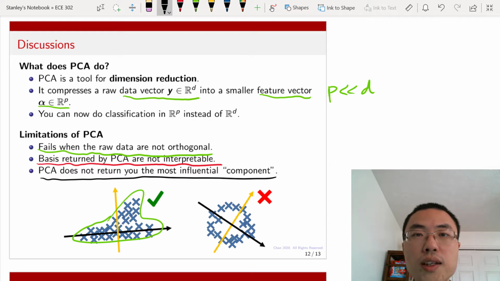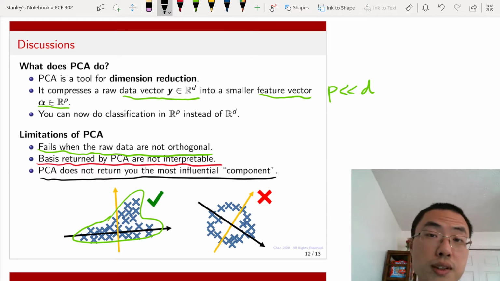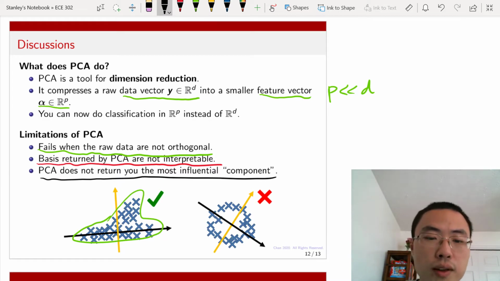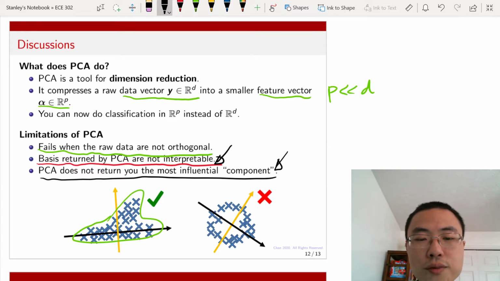I only want to keep the leading 5 features, and I run the PCA. You do that, and then I ask, what are the 5 leading components? What is the meaning of the 5 leading components? And then you say, okay, these are the numbers. But first, they're not interpretable. And second, even if you know that these are the most influential ones, you don't know what they are. So it does not tell you which component among the 20 components that you have.